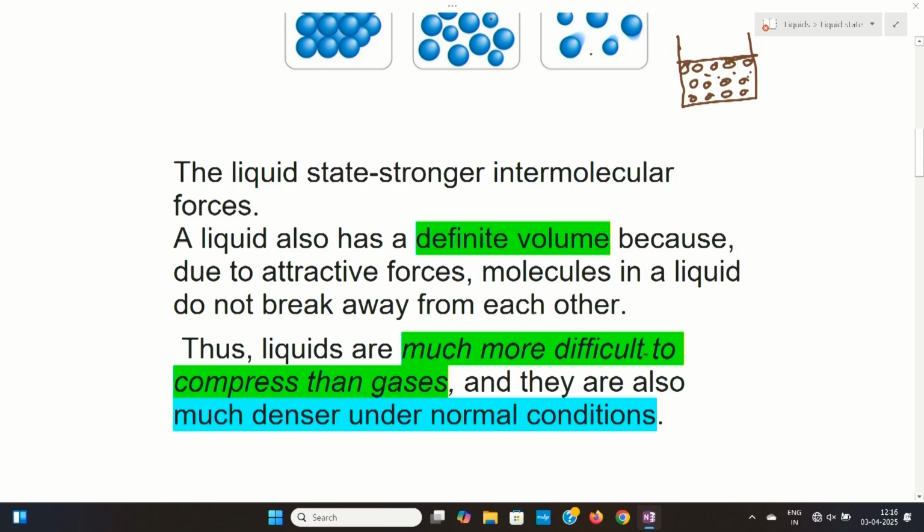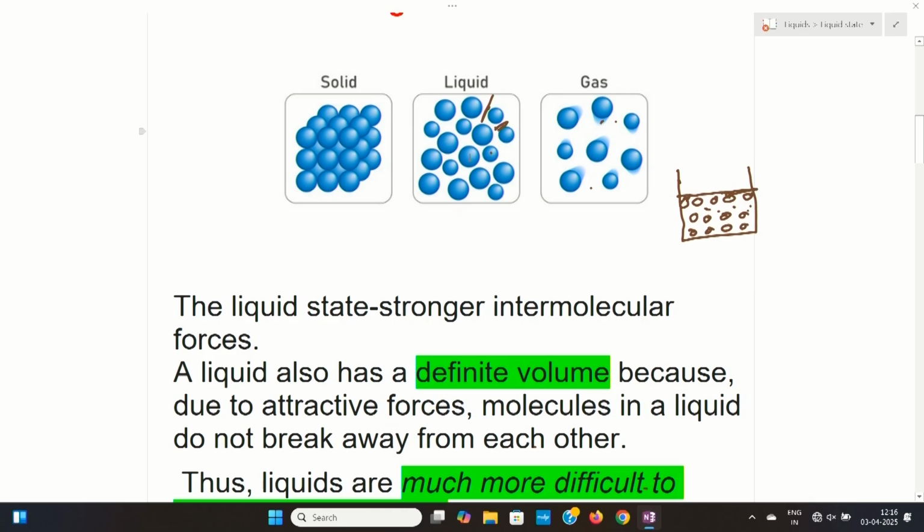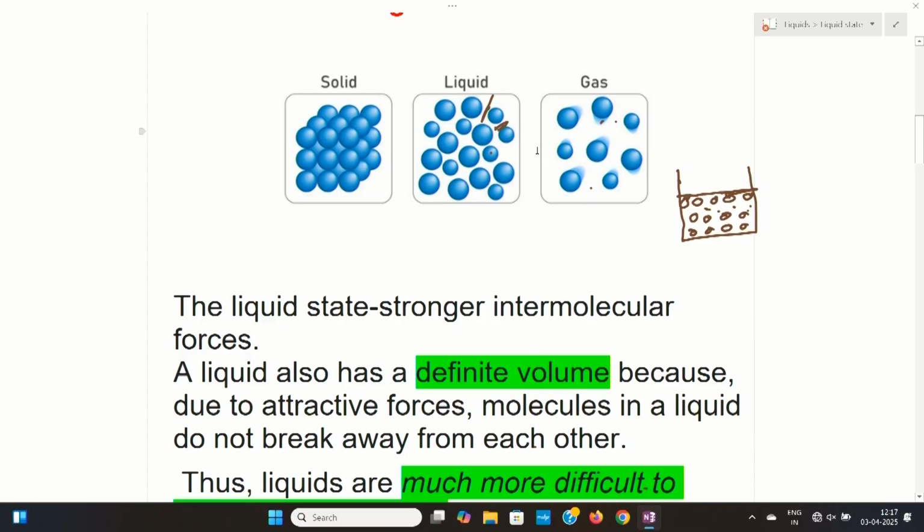So all these properties are because of the molecular arrangement of liquids, and liquids are much more difficult to compress than gases. Then, because of this molecular arrangement, the density of liquids is lesser than that of solids. Density is mass by volume.